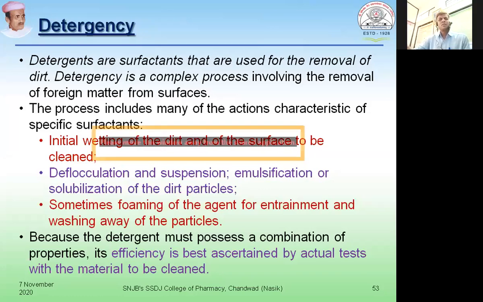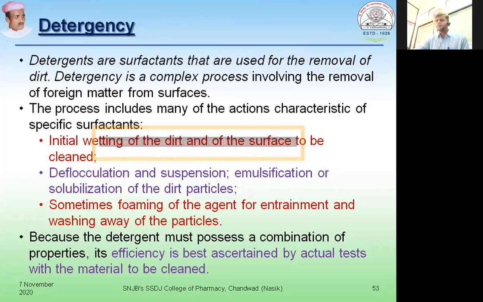It is because of this reason only, because efficiency of detergent cannot be just seen, it needs to be tested, and it can be tested by us by seeing whether the washing material is able to clean the stained surfaces or not.